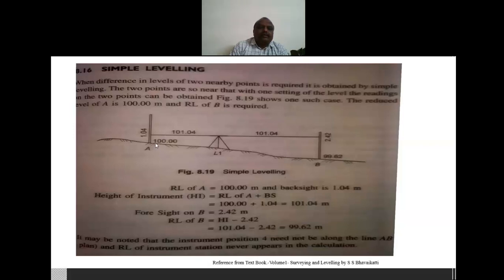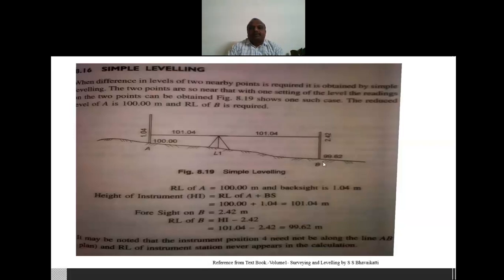By using the leveling staff, the reading should be taken on station A, that is 1.04. Then we should calculate the height of instrument or line of collimation. That is, height of instrument can be calculated by using RL of A plus backsight, that is 1.04. That will give the height of instrument.